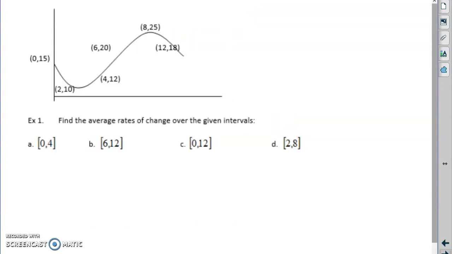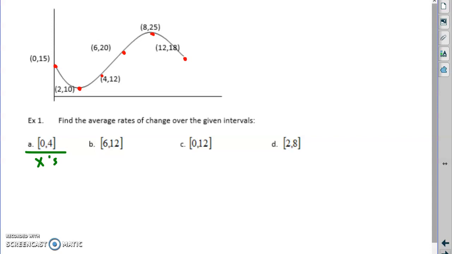All right, so first function we have here. I just drew a curve and put a bunch of points on there: (0, 15), (2, 10), (4, 12), (6, 20), (8, 25), and (12, 18). Find the average rate of change over a given interval. Intervals are talking about x values. So that means 0 to 4.